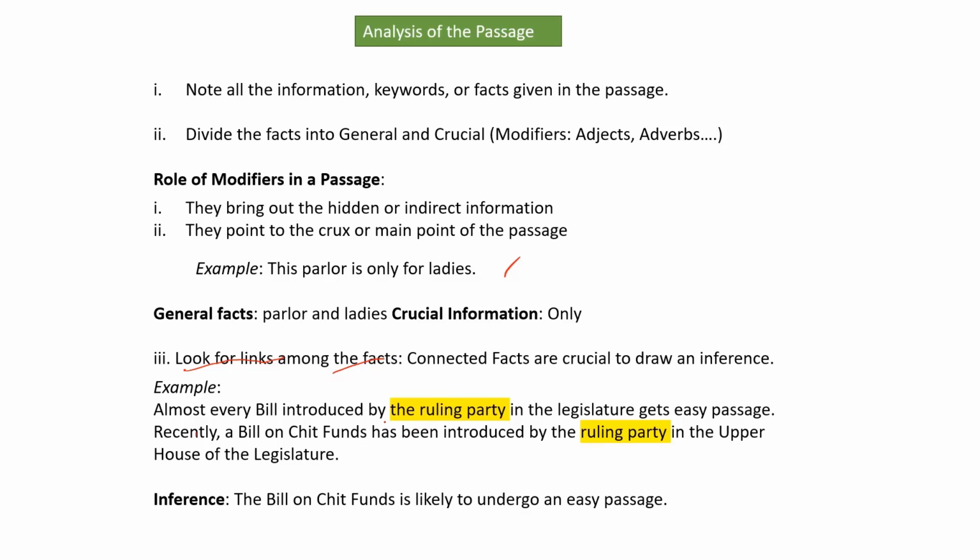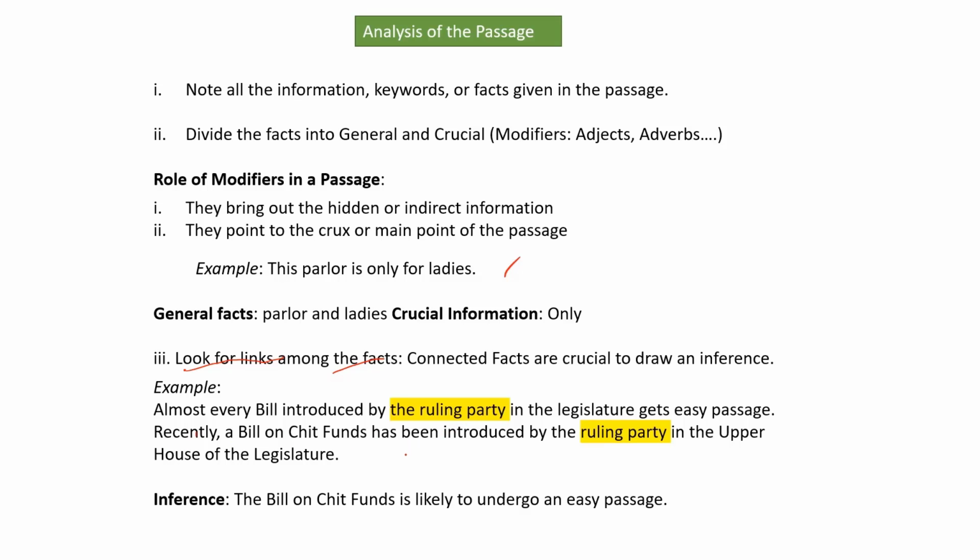Here I have given an example. Please read the example. Almost every bill introduced by the ruling party in the legislature gets an easy passage. Recently, a bill on chit funds has been introduced by the ruling party in the upper house of the legislature.